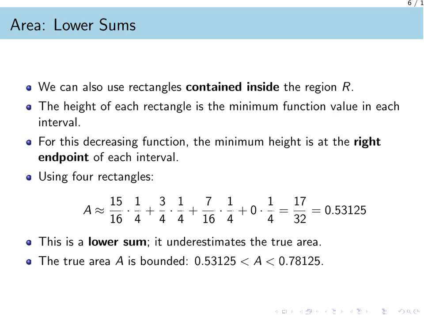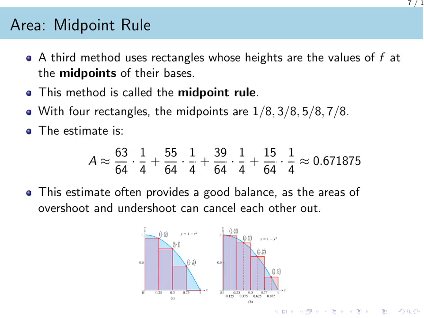This is called a lower sum because it clearly underestimates the true area. The key benefit is that we now have bounds. We know the true area must be somewhere between 0.53125 and the upper sum of 0.78125.